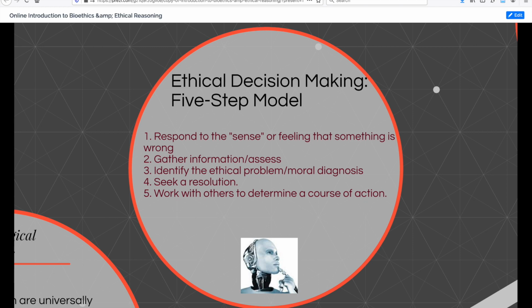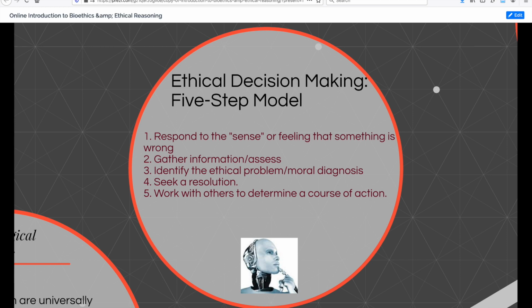Right? So that moves us into the second step. If you feel that something is wrong, take a moment to analyze and assess. Oftentimes there will not be a problem, and you'll be like, oh, okay, false alarm there. But if there is a problem, identify the ethical problem and perform a moral diagnosis.